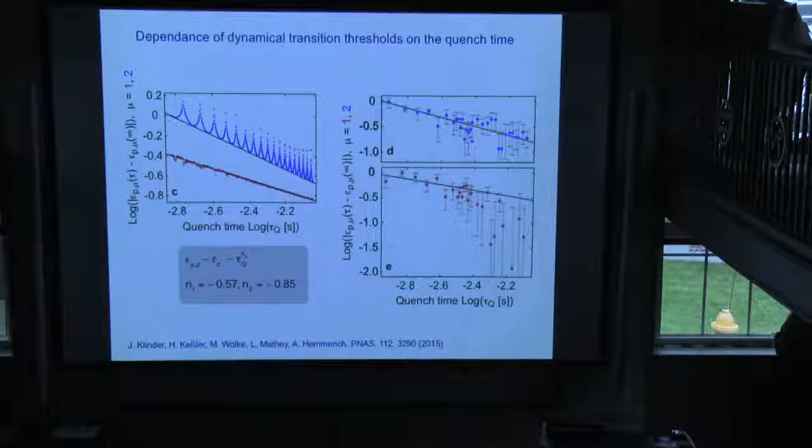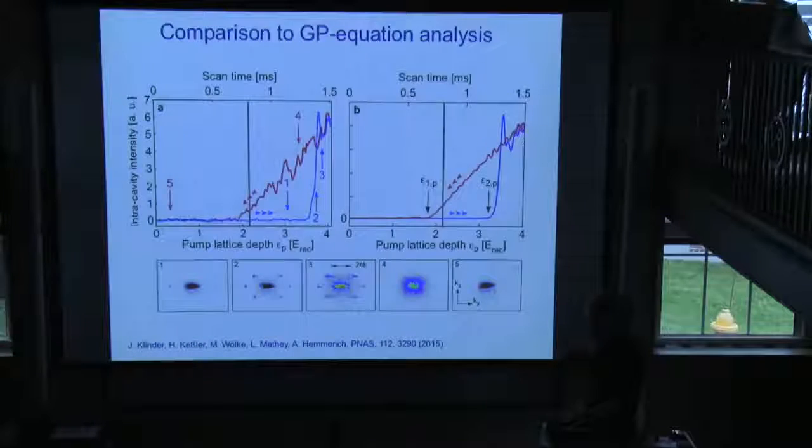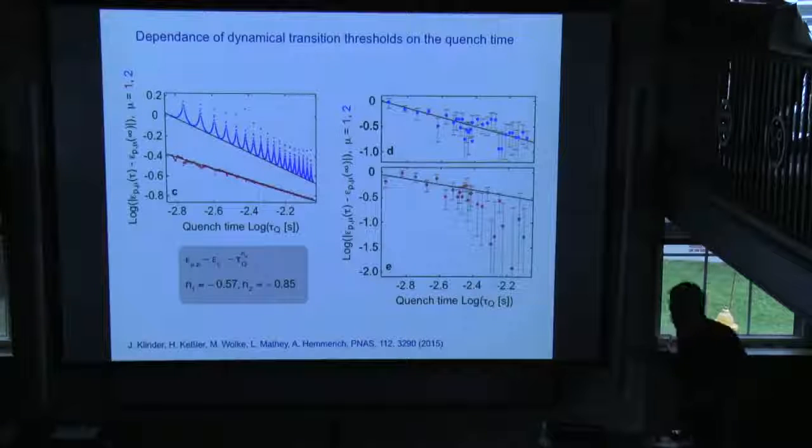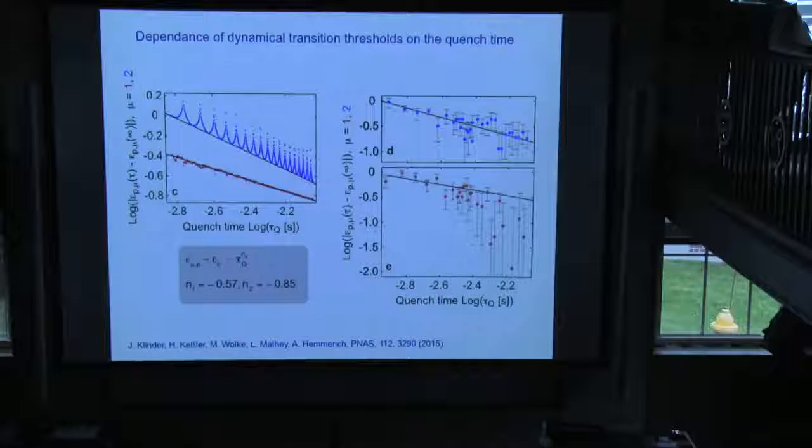And well, what we've done here is to do that with the calculation first. So using these calculations that are matched to the observations, we take out from the calculation these specific values of the pump strengths, and then look at what the calculation predicts with respect to its dependence on the quench time.